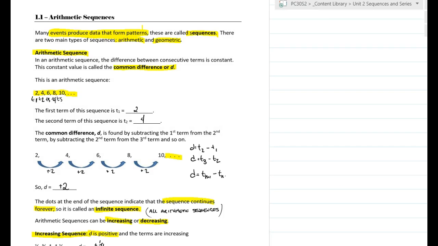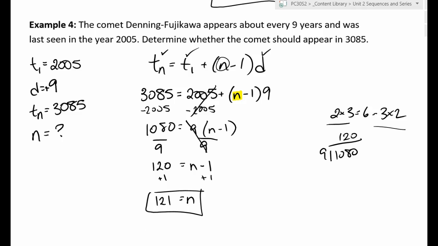It just tells me that yes, it is in fact part of my sequence because I have a whole number here. If it was a half a number, then it would be like term 2.5. That doesn't fly. That would not be part of my sequence. Therefore, it would not appear in 3085. But because it is exactly part of my sequence, it's going to be the 121st time, or the 120th time after 2005, so including 2005, 121 times it'll have gone by Earth.